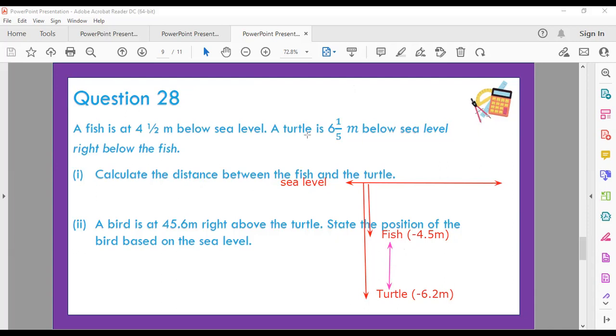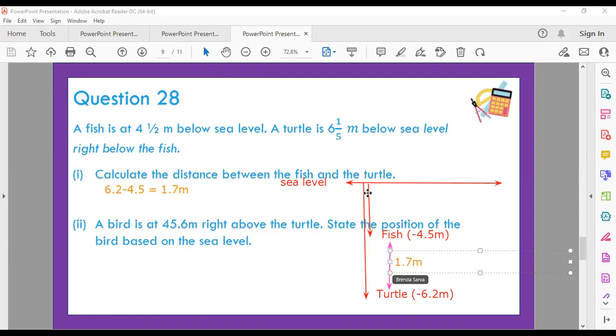Although it's still negative, it's just the difference between those two negative numbers. So all you need to do is take 6.2 minus 4.5, and that's going to give you an answer of 1.7. The distance between them is 1.7 meters. Do you understand?